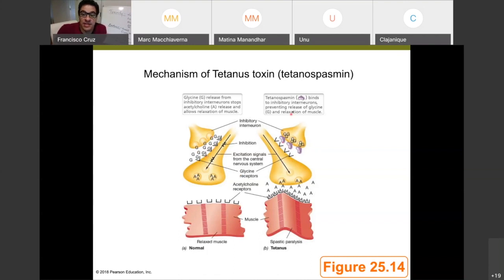When you have this tetanus toxin, it stops glycine production. And so there's no signal on any motor neuron to stop contraction or to stop acetylcholine production. Since these motor neurons throughout the body are never told to stop producing acetylcholine, your body goes into a state of complete contraction.